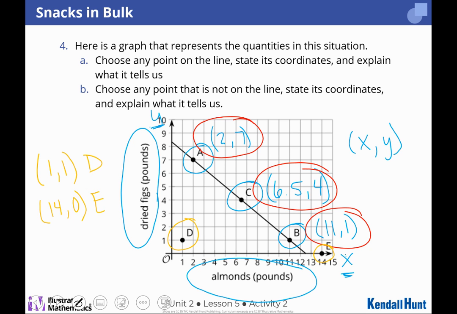And so both of those are not on the line, meaning they're going to cost something different than $75. So all of the points on the line will actually cost $75. That one, that one, that one, all of those. And then the points not on the line, both of those are not equal to 75.